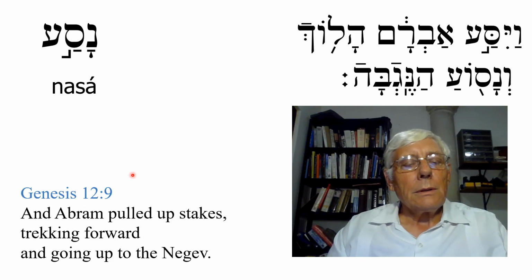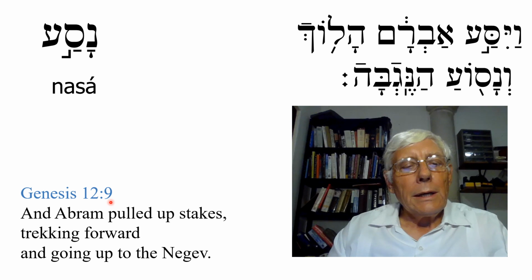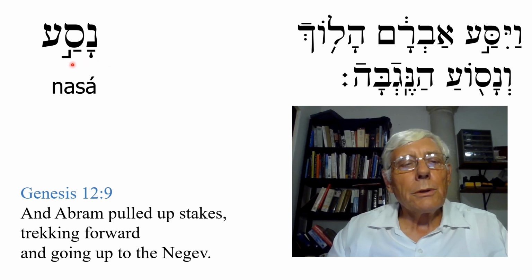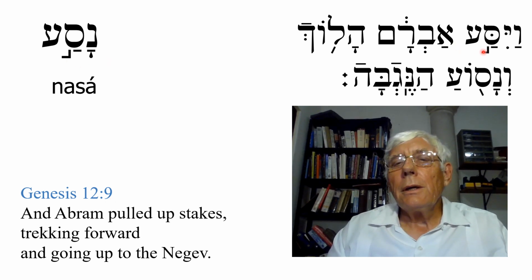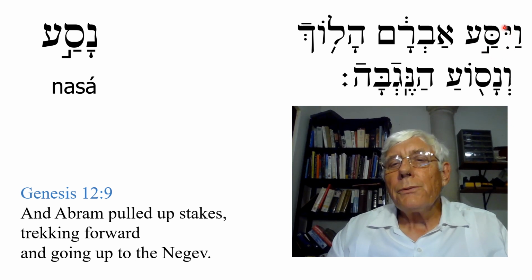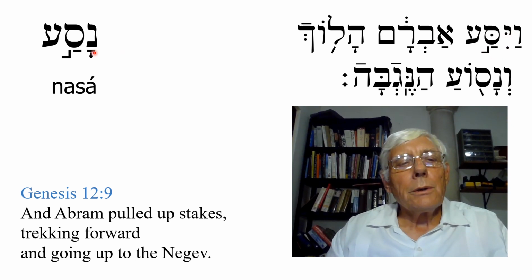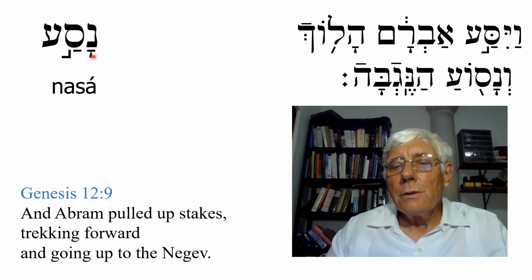And that's what we have in Genesis 12, verse 9. And we have this particular verb, nasa, in two different forms. One is a prefixed form. Now, notice here that the root is nun samech ayin. Now, this particular nun is very easily assimilated.